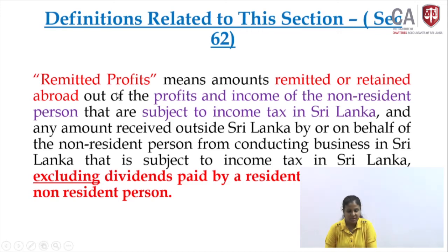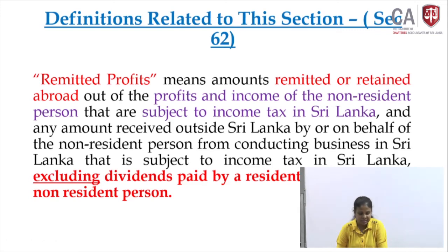Remitted profits means amounts remitted or retained abroad. Even remitted, or without remitting, I retained that money in this country. Out of the profits and income of the non-resident person, the profit and income relevant to the non-resident person that are subject to income tax in Sri Lanka, and any amount received outside Sri Lanka by or on behalf of the non-resident person from conducting business in Sri Lanka.